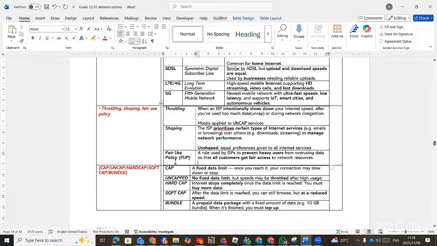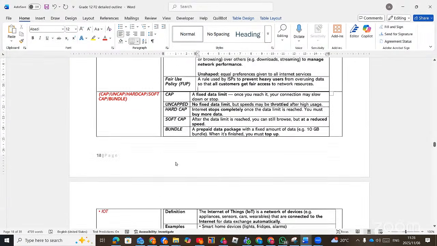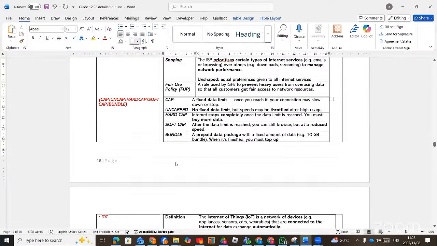We call it FUP. Then the concepts of capped and uncapped, data bundle and others, you need to know them also. They can ask you to differentiate them. Capped is a fixed data limit, if they ask you to define it. That's the short definition, the keyword: fixed data limit. And then once you reach it, your internet connection may be slow or it should stop.